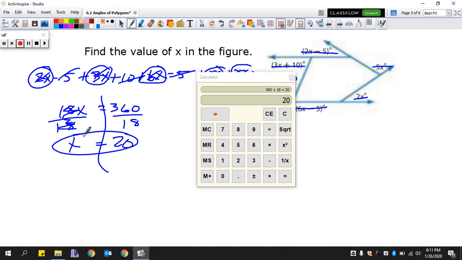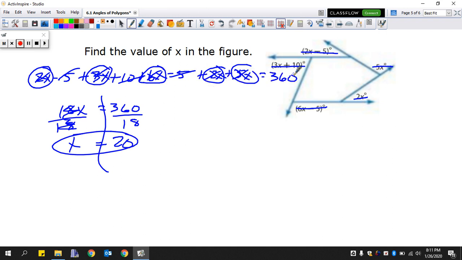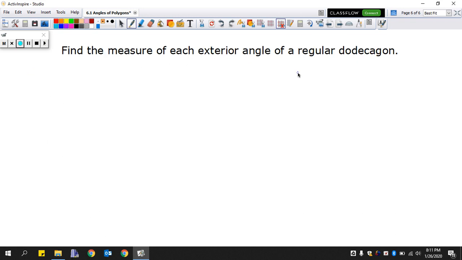All right. Our last example says find the measure of each exterior angle of a regular dodecagon. Okay, so a dodecagon has 12 sides. That means it has 12 exterior angles, and all 12 of them added together is going to be equal to 360.